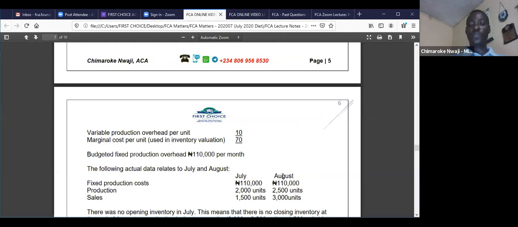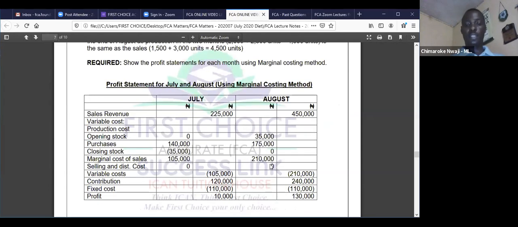How did we know? We said before that they produced in July 2,000 units. They sold 1,500 units. Closing stock in July was 500. They now produced 2,500. That means 3,000 was available before the sale. They now sold 3,000. Closing stock is 0. So closing stock here is 0.